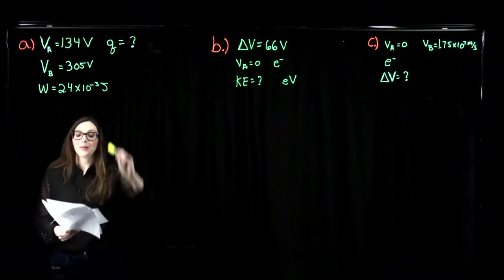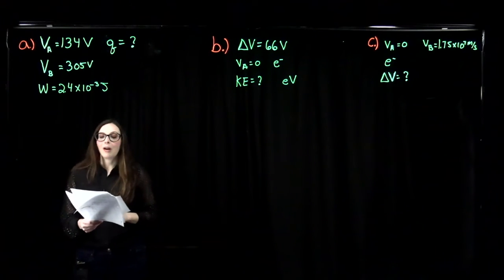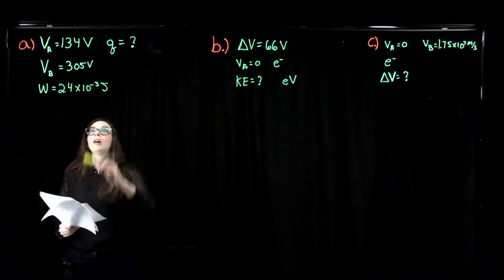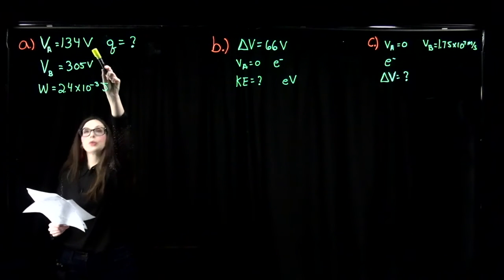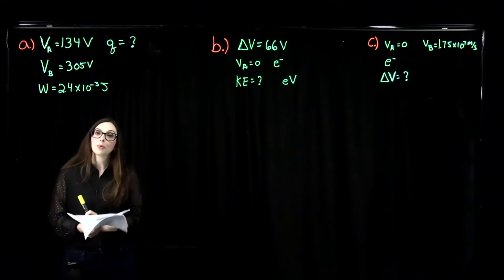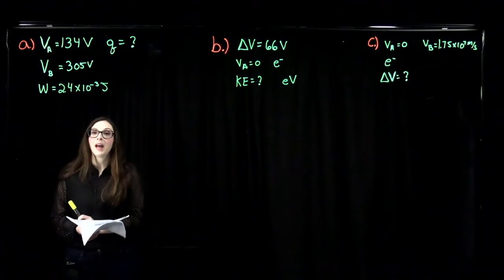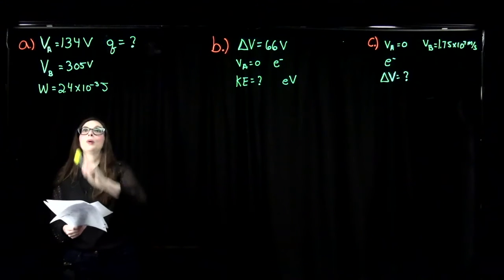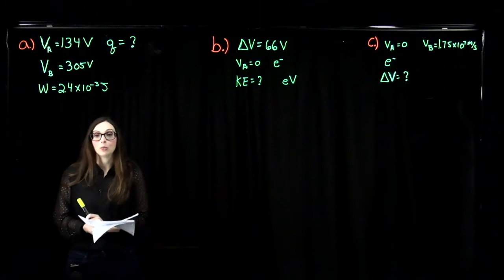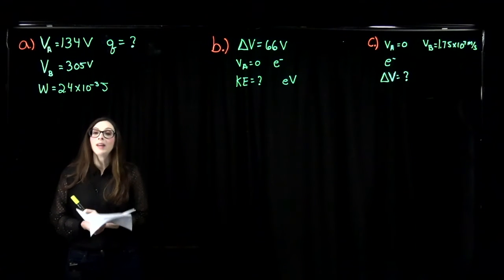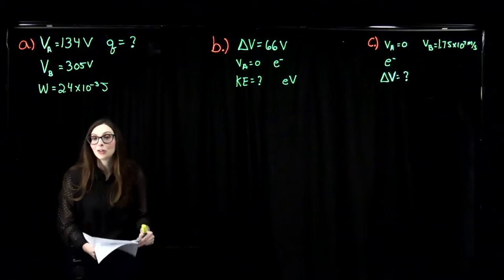For problem A, we are moving a charge from a potential of 134 volts to a potential of 305 volts, and that takes us 2.4 times 10 to the minus 3 joules of work. What is the value of this charge?